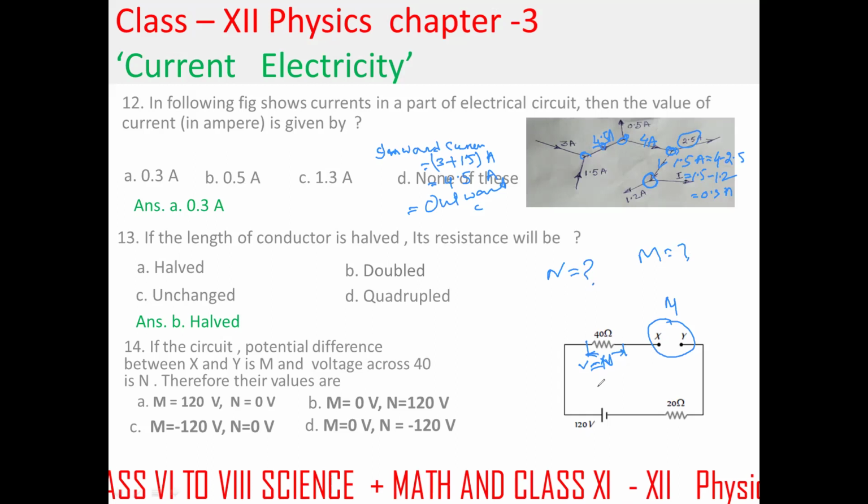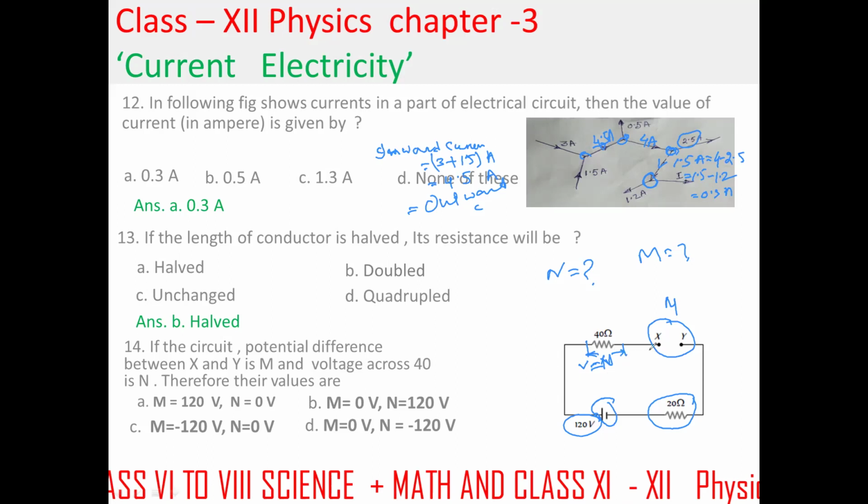See, in this circuit the voltage applied is 120, the internal resistance is 20 ohm and here is 40 ohm. As this is an open circuit, there is no current flow.